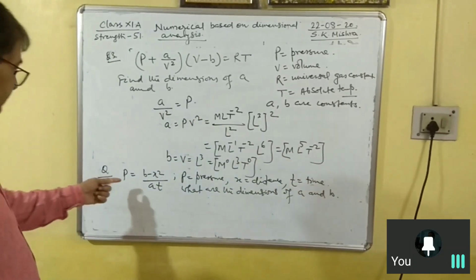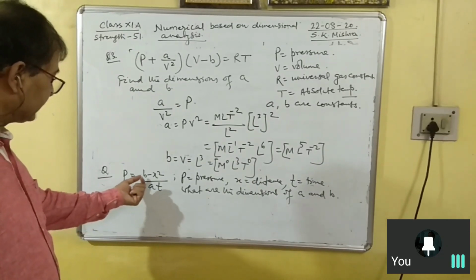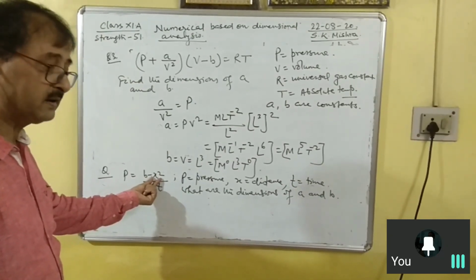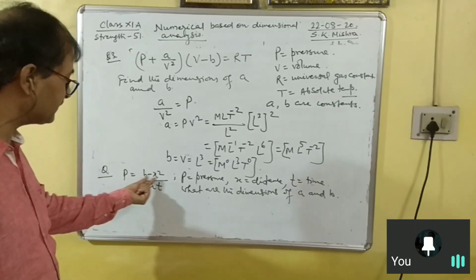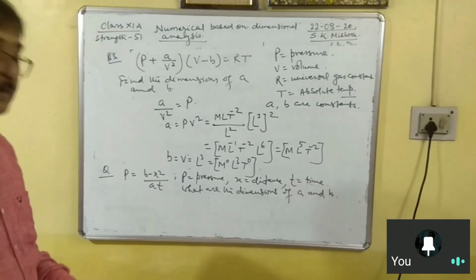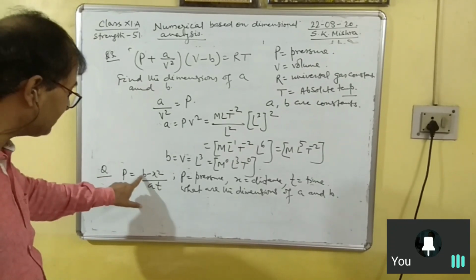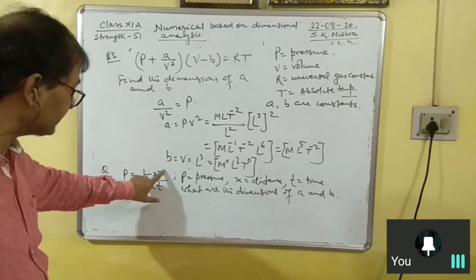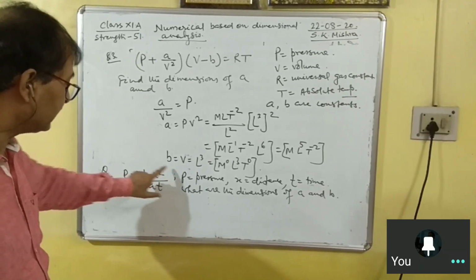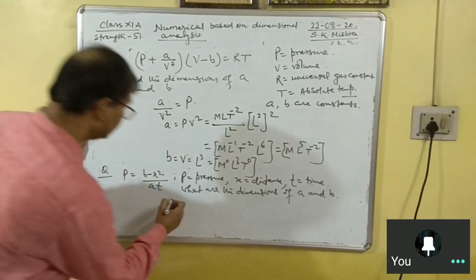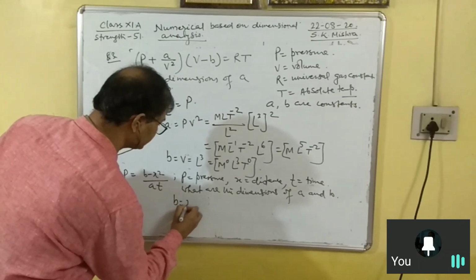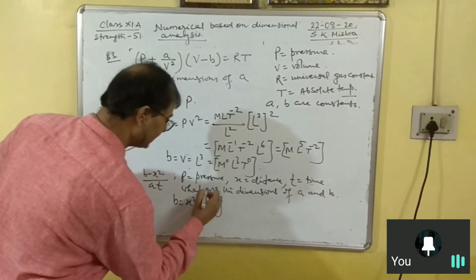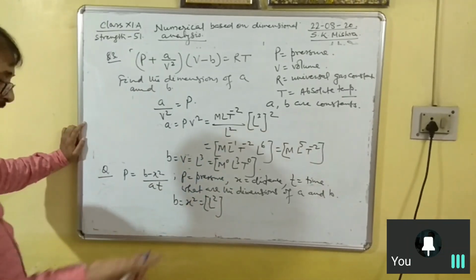Now see, this is B minus x square. This term has the dimension of L square. So B must have the dimension of L square only, because physical quantities of the same dimension can only be subtracted. So B must have the dimension of x square, that is L square only. You may write M naught L square T naught also.